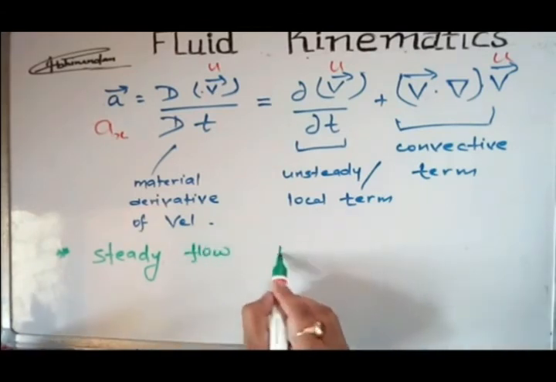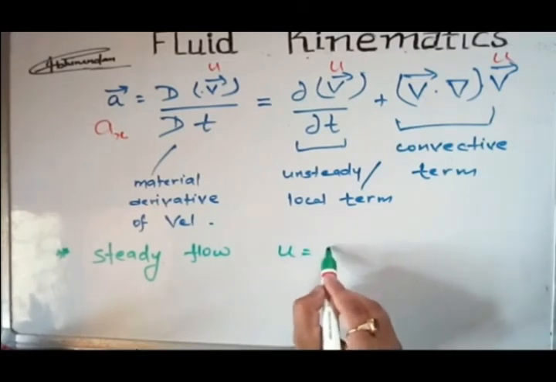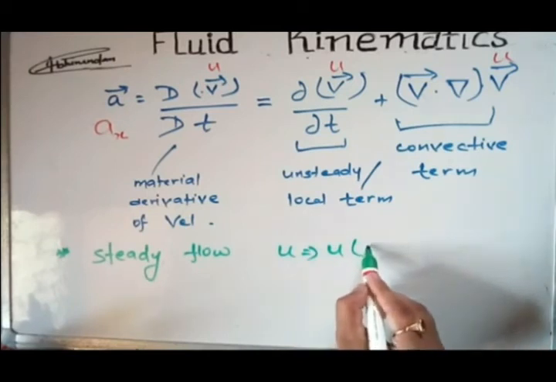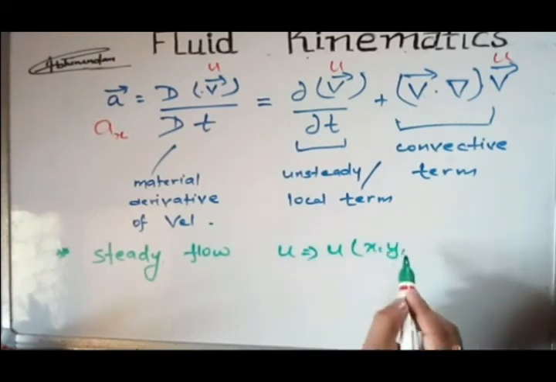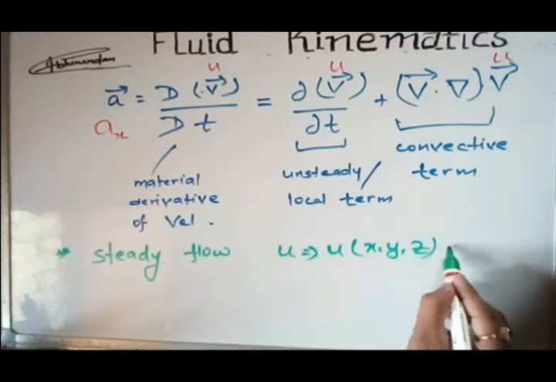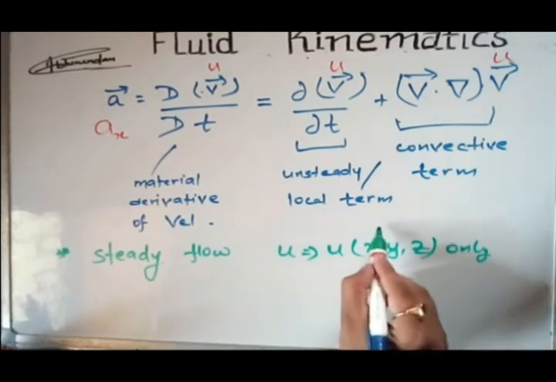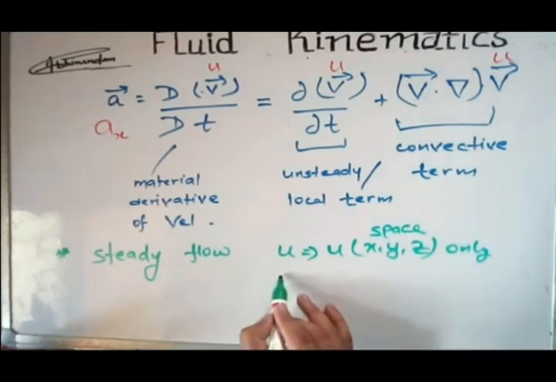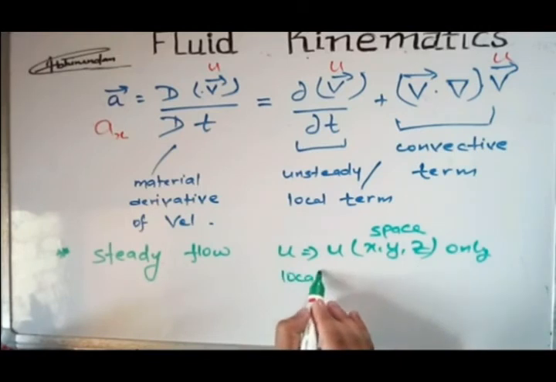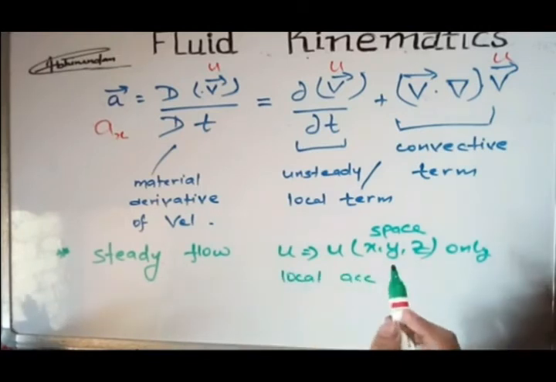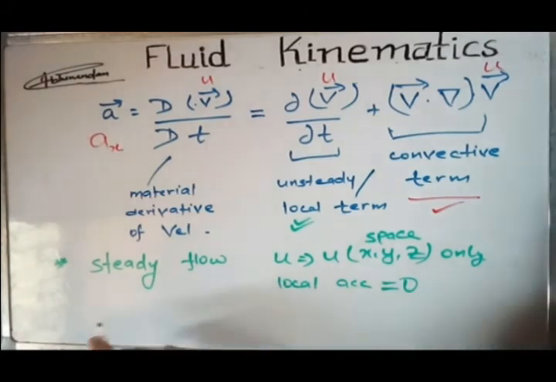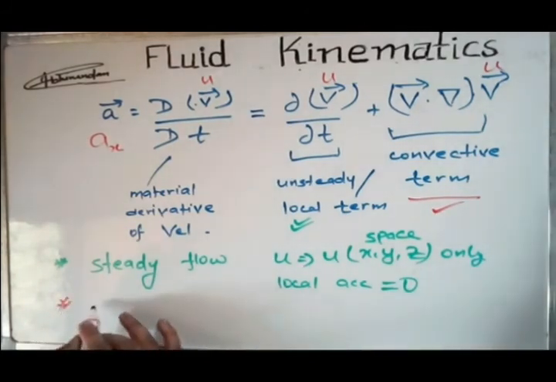As per steady flow, the u, which is the velocity in x direction, should be a function of x, y and z only. u cannot be a function of time, so u must be a function of space only. Here automatically the local acceleration, which is here, will become 0.